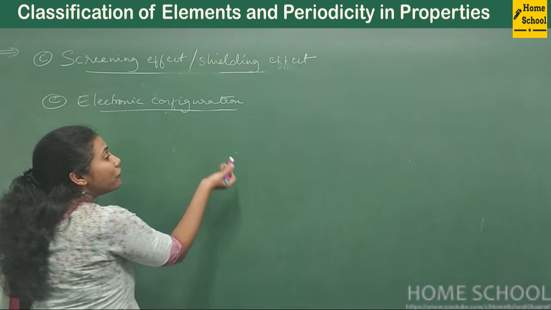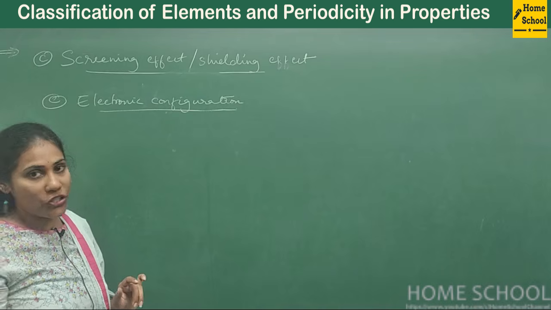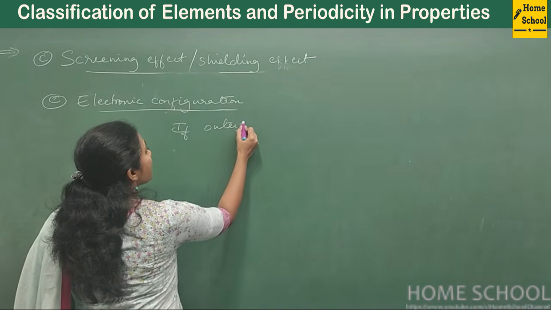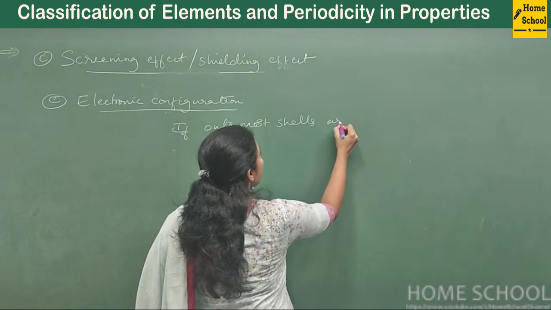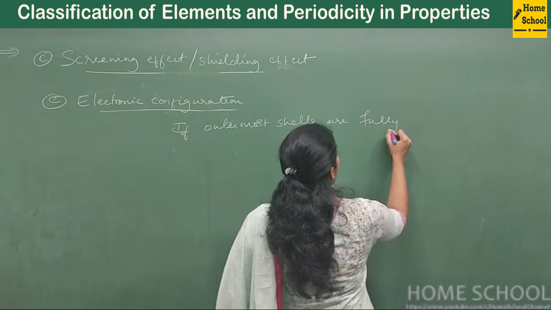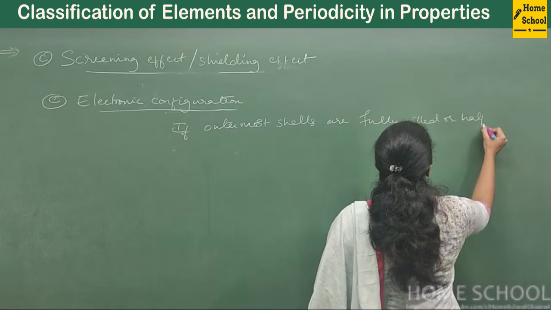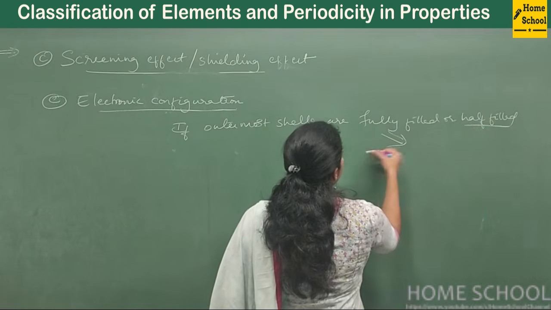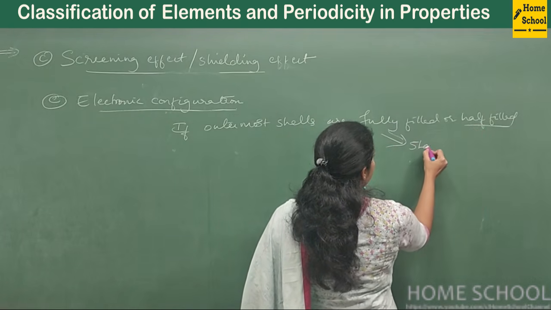If you have fully filled shells or a half filled outermost shell, then we say that particular electronic configuration is stable.